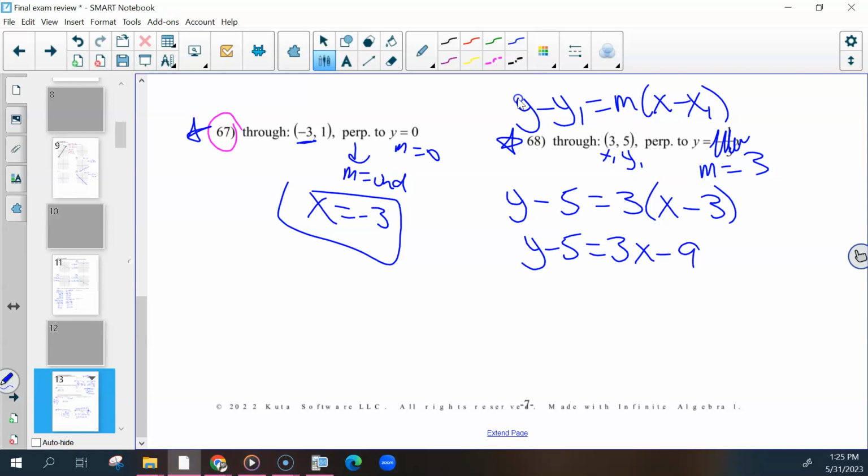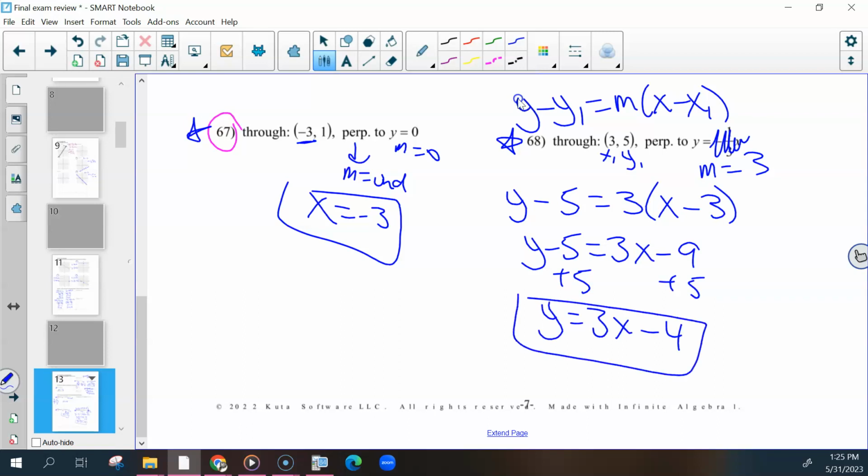Add 5 to both sides. So this would be the equation that's perpendicular.